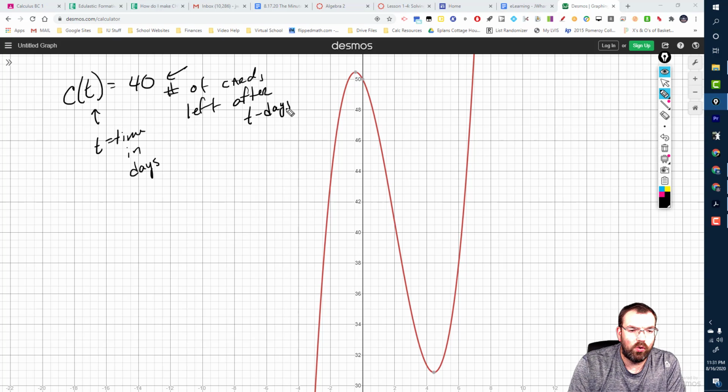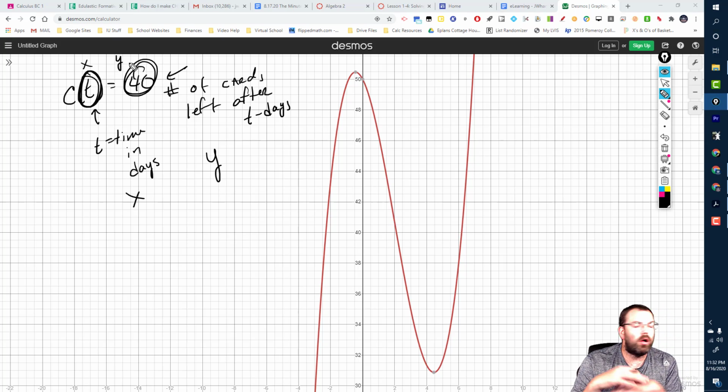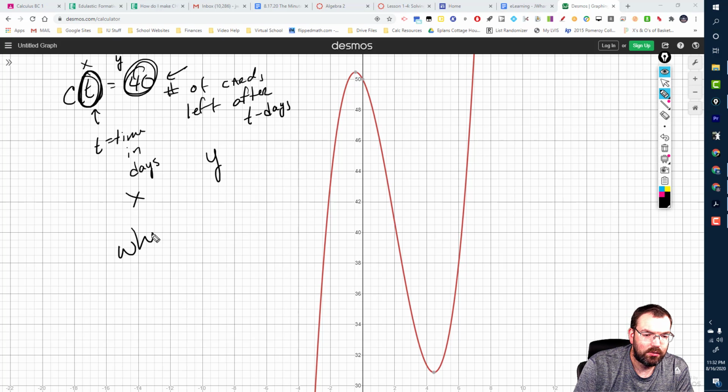Okay? So, what value is this? Well, if t was my x in the previous example, and that number over here was my y in the previous example, well, that's the same thing. This is our x, this is our y. X, y. It's always that way. Always. So, I have to find when y is equal to 40.